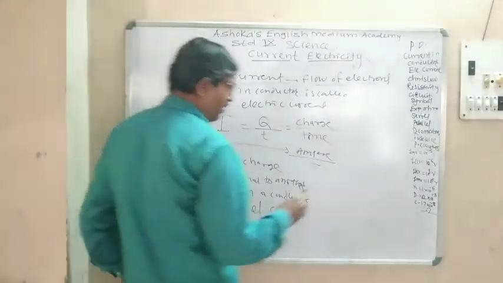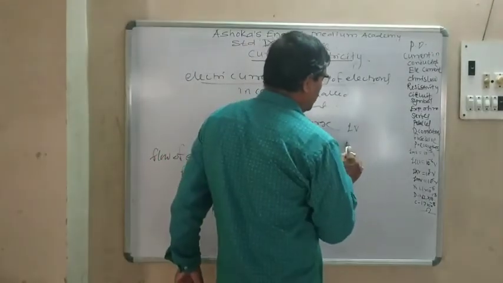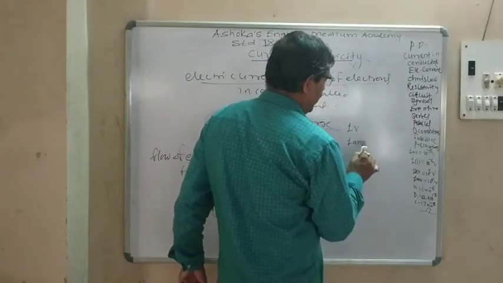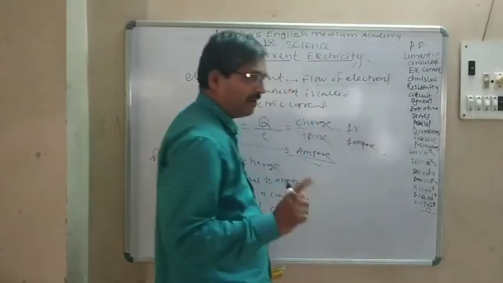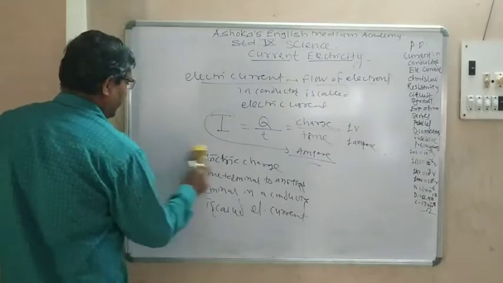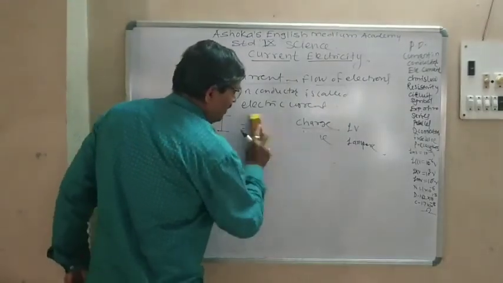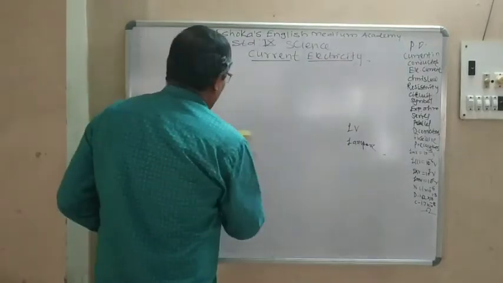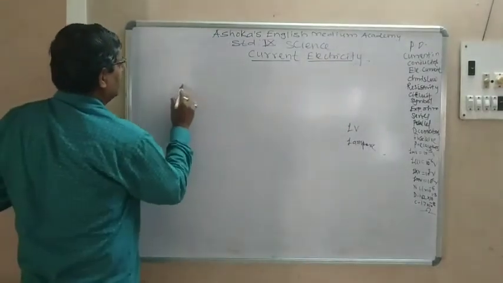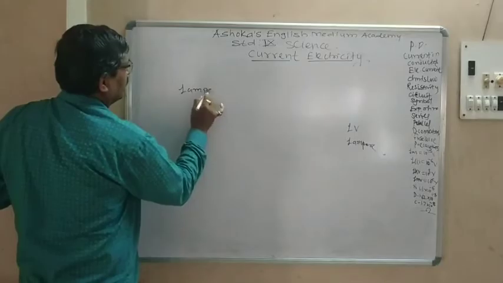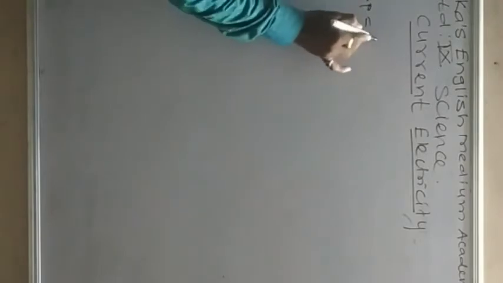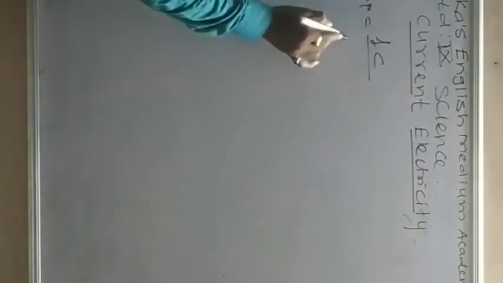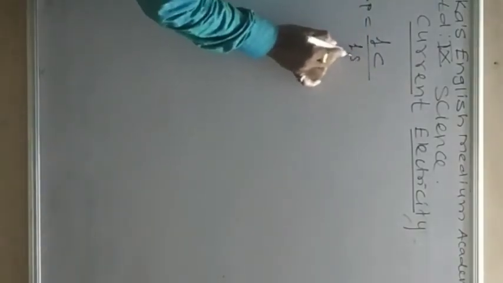However, we have seen 1 volt, so we have to study here what is meant by 1 ampere. So I will write here the definition of 1 ampere. 1 ampere is equal to 1 coulomb charge upon 1 second.